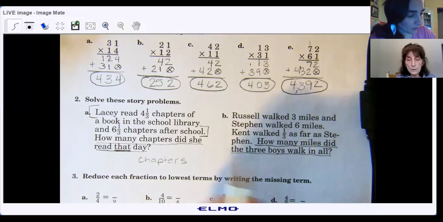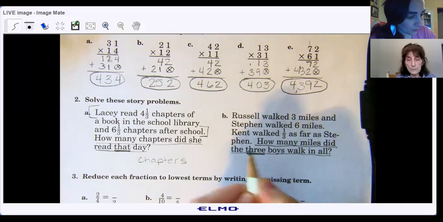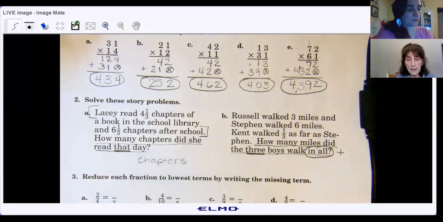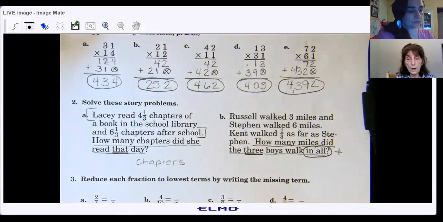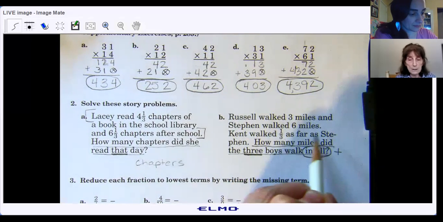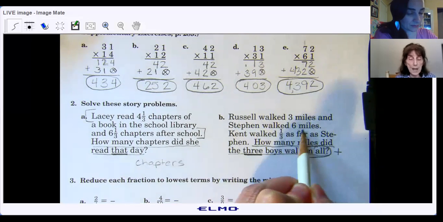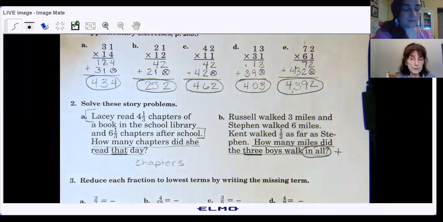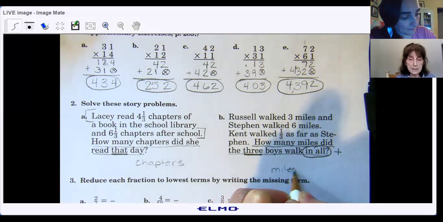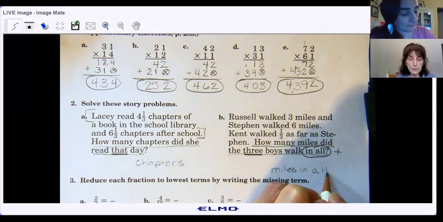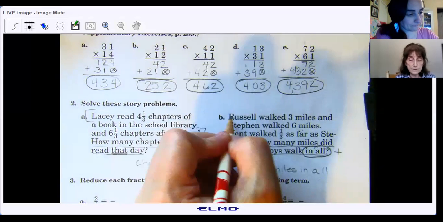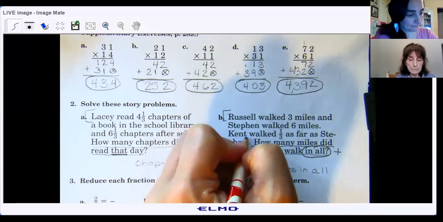In all is going to tell you to add, but before you add, you're going to have to find Kent's, how many miles Kent went. He went what? Walked 1/3 as far as Stephen. So you have to do something there. So your answer is going to be miles in all, and you're going to circle your answer when you're finished. All right. So Russell and right before your question is your information.